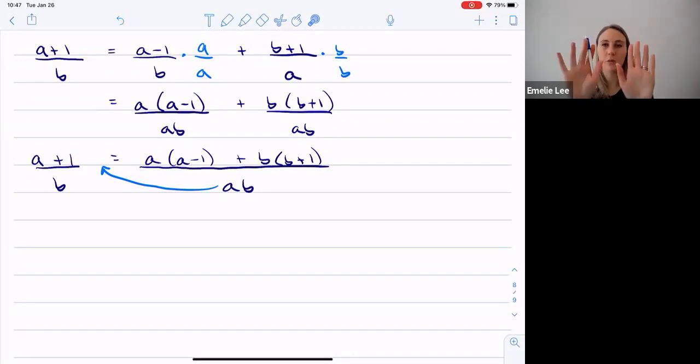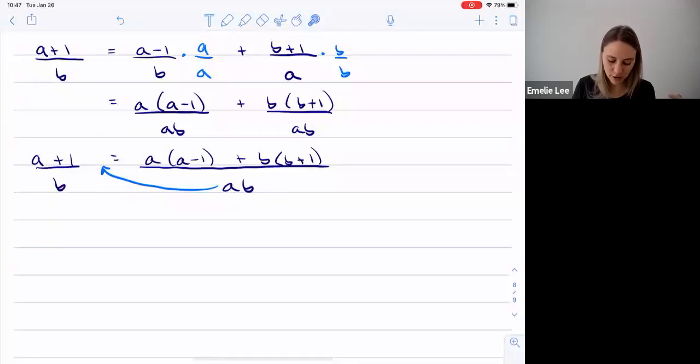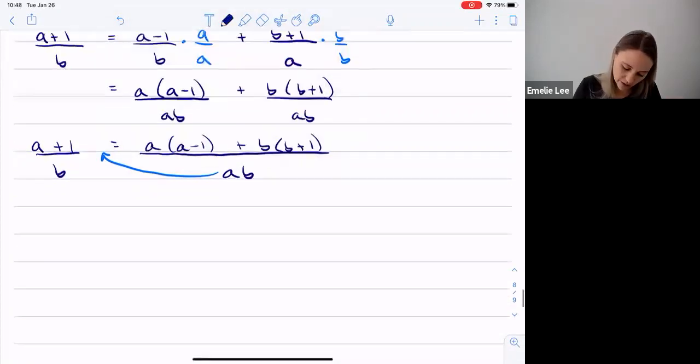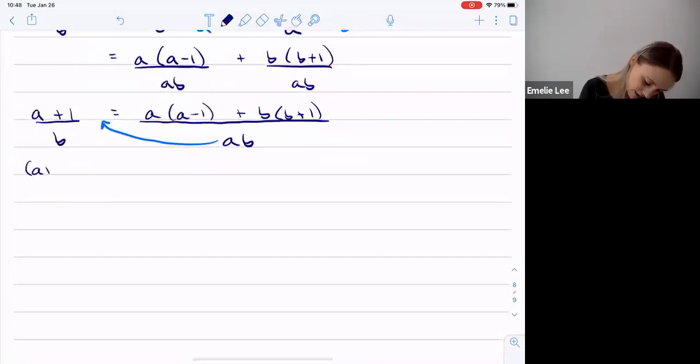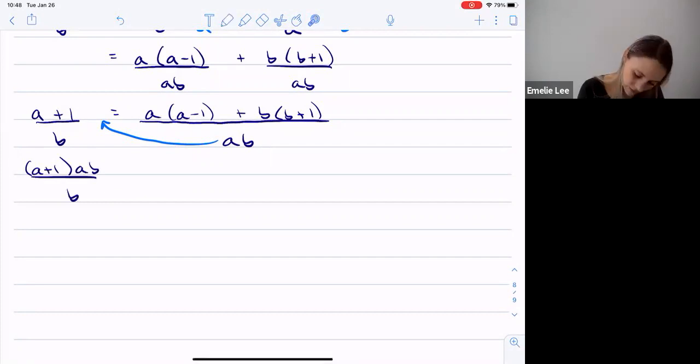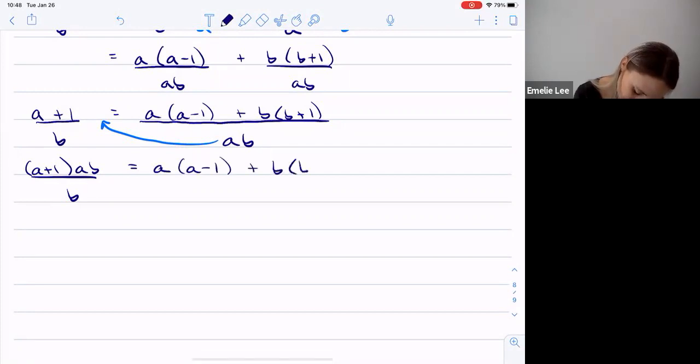You've got a fraction equals a fraction, which we've already talked about. I'm not going to multiply this b over here because I already see that I'm going to be able to cancel with this b here. That saves me a little bit of work. So I have a plus 1 times ab over b. Because everything is being multiplied by b, that's when I can cancel those. And a times a minus 1 plus b times b plus 1.